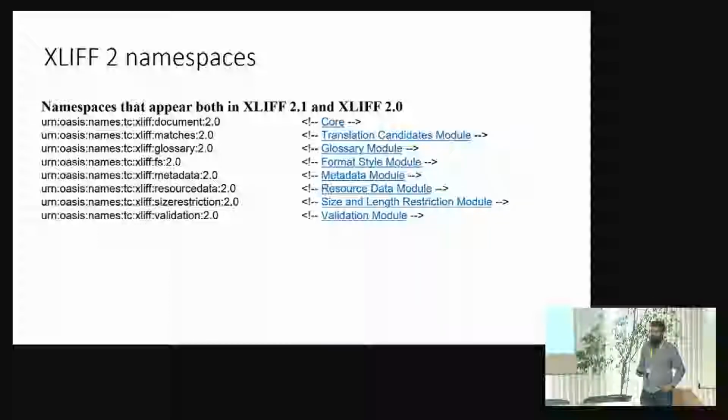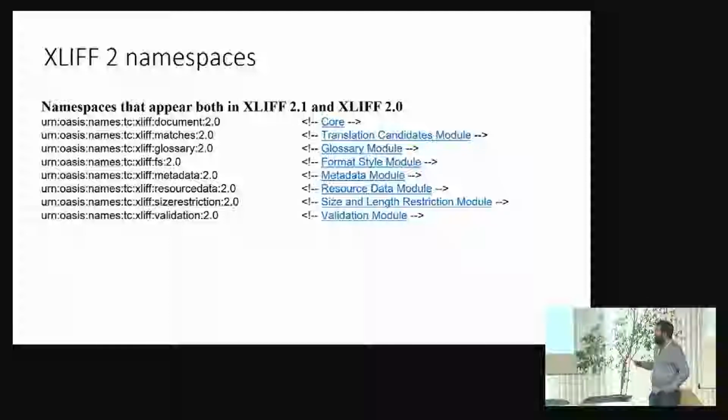The current XLIFF spec is the XLIFF 2.1 spec, which is backwards compatible with the XLIFF 2.0 spec by way of sharing all these namespaces. Of those, the most important is the first one, the core namespace. We basically pledged not to change the core namespace for the next 10, 20 years, whatever. The idea is to release 2.1, 2.2, 2.3, whatever, as long as it works.